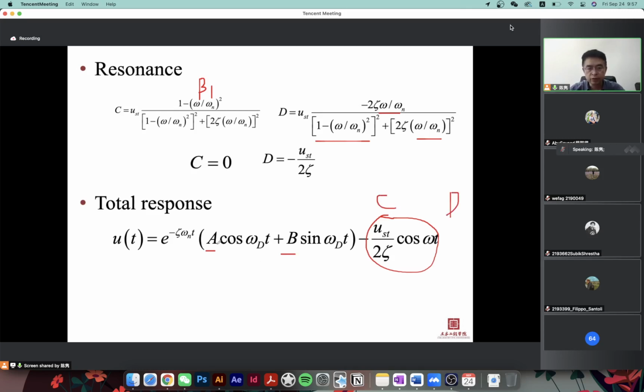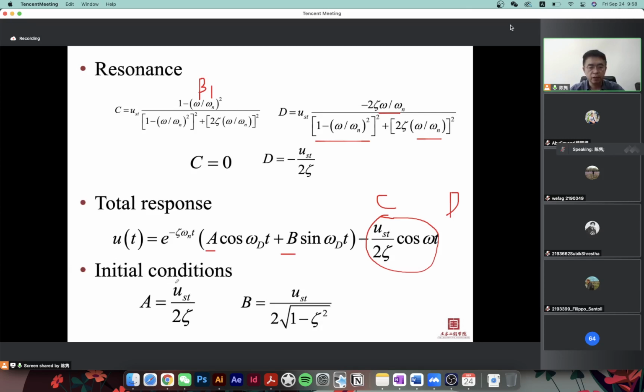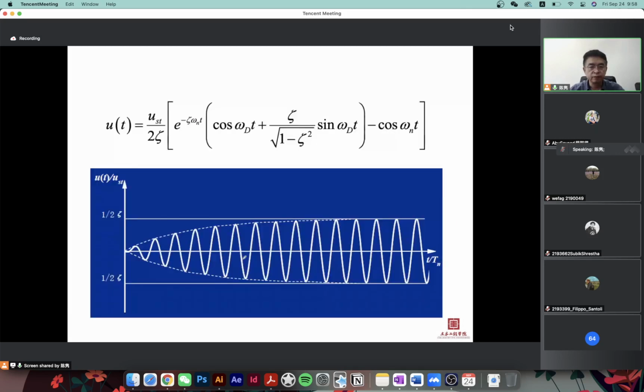You can introduce initial conditions to get A and B, which is very complex. You can do that by yourself, so we don't give you those expressions. But in this case, because the expression of this part is very simple, we can get A and B by introducing initial conditions, and you get A like this, B like this.